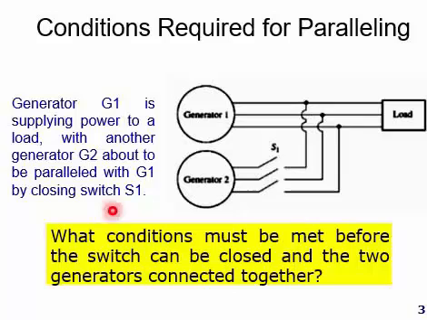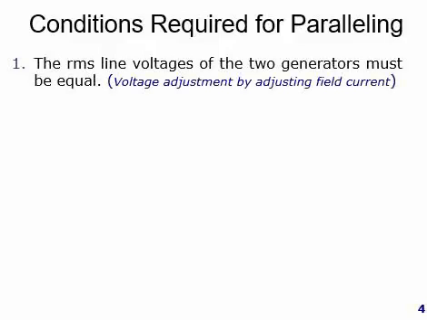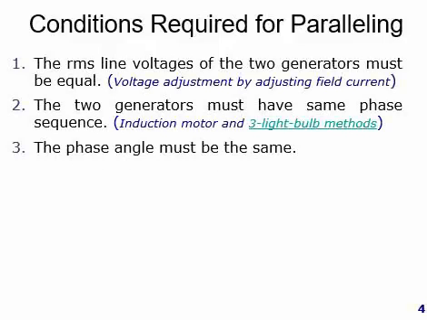There are some conditions under which G2 would be eligible to be paralleled with G1. What conditions must be met before the switch can be closed and the two generators connected together? These are the conditions.